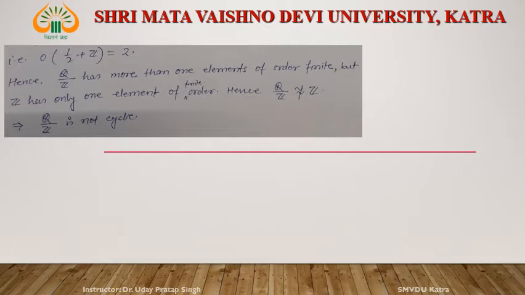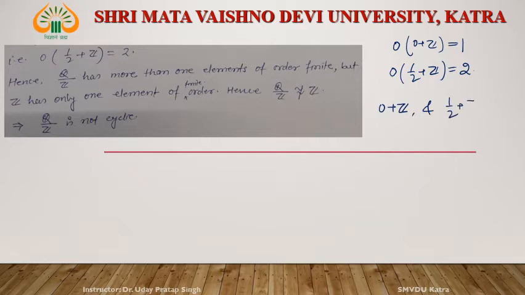Now, the order of 0 plus Z is 1 since it is the identity of Q by Z, and the order of 1 by 2 plus Z is 2. Okay, there are two elements, 0 plus Z and 1 by 2 plus Z, in Q by Z whose order is finite.